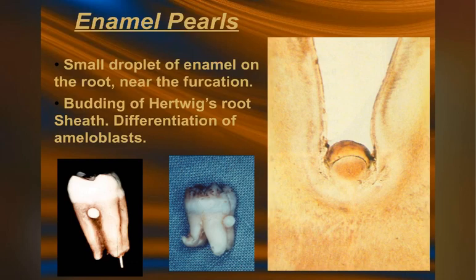For example, you take a radiograph and you find a ball of enamel, a circular structure of enamel in the furcation area of the root, because enamel appears whiter than cementum, whiter than the root. So you can identify it as a whiter spherical structure in radiographs, and this tells you that this is an enamel pearl.